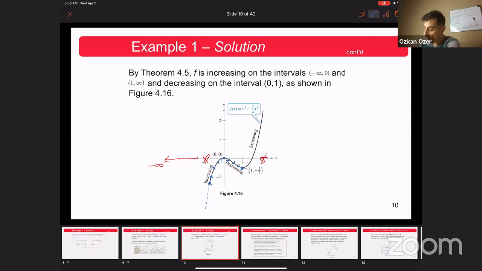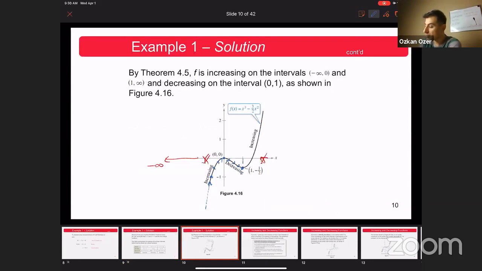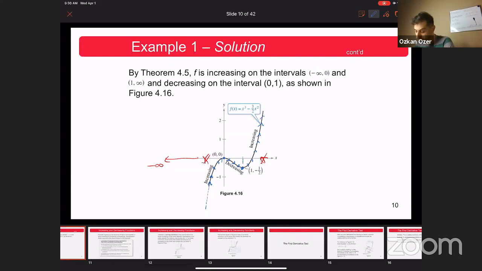Okay? Then the table says that you're going to start increasing all the way till infinity. So when x gets larger and larger, starting from x equals 1, you keep increasing all the way to infinity. Okay, so this is how you interpret the table together with the graph of the function.